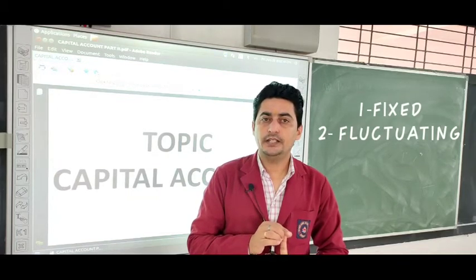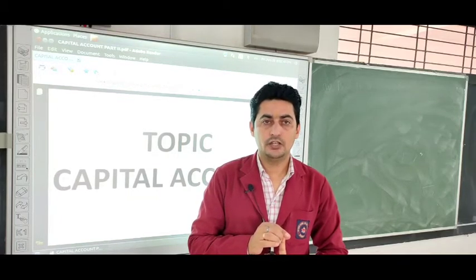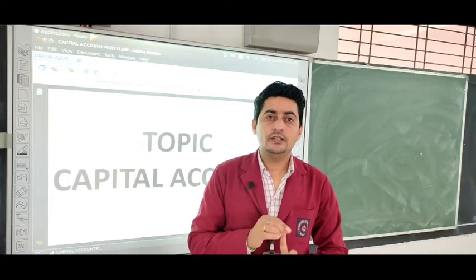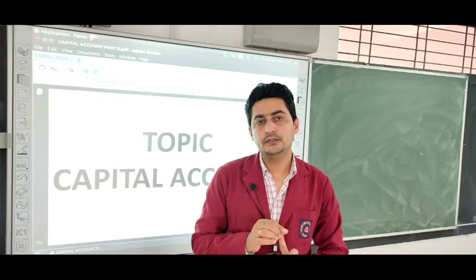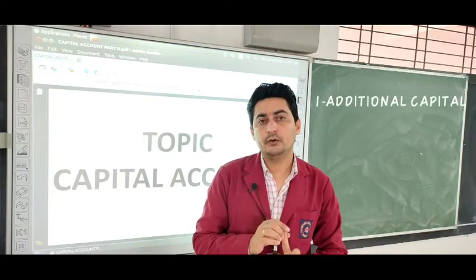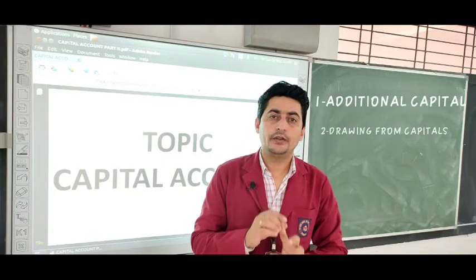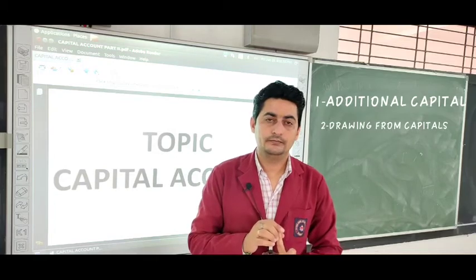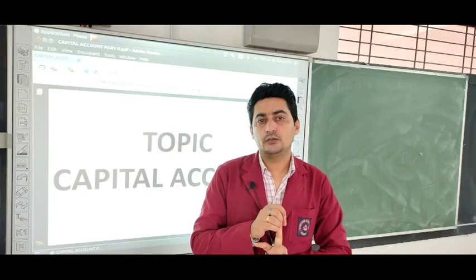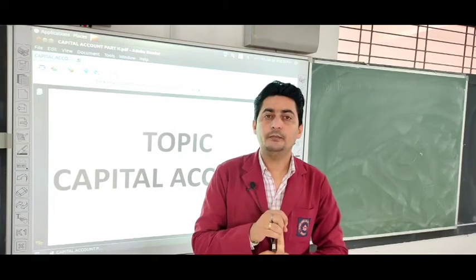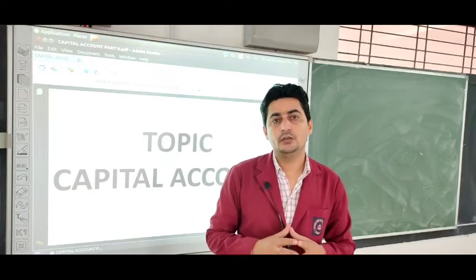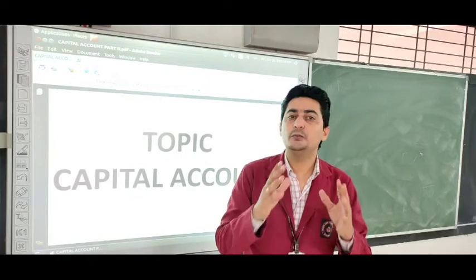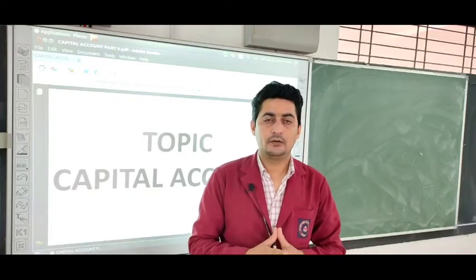In fixed method, capital is fixed, it is not changing. It is changing only when two transactions happen. First, additional capital brought in, second, drawing from capital. Second is fluctuating capital. Fluctuating capital keeps on changing every year. So today in this video, we will learn how to prepare capital account.